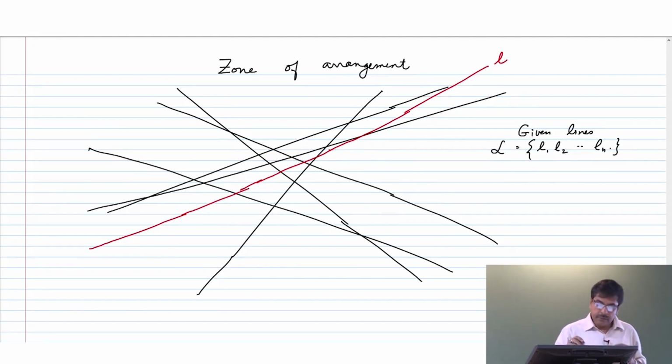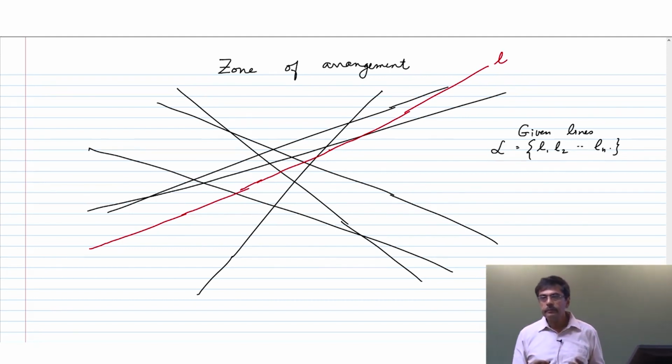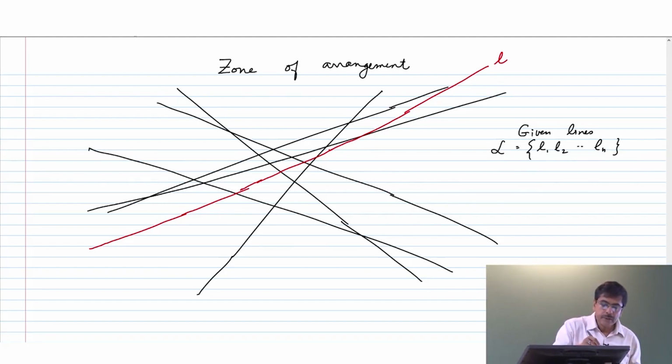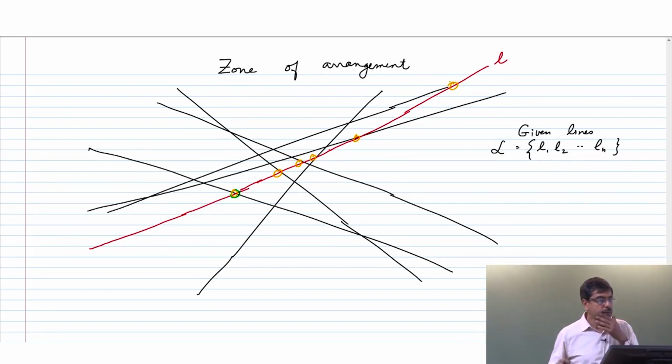Now, this line is going to intersect this arrangement. How many points of intersection are there? N points, n lines, n points. So, clearly these are the intersection points. It intersects all the lines.